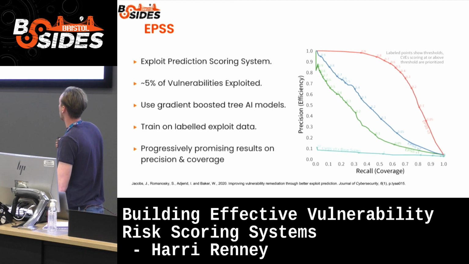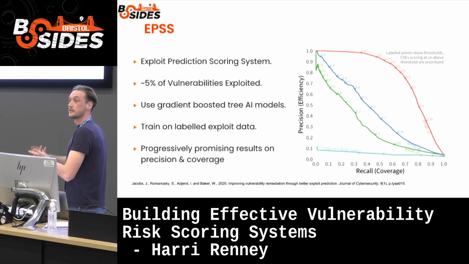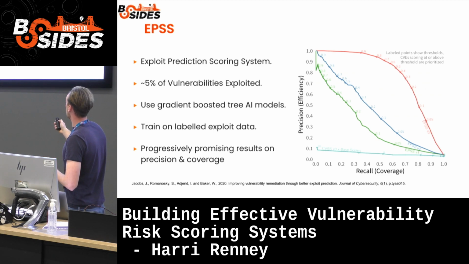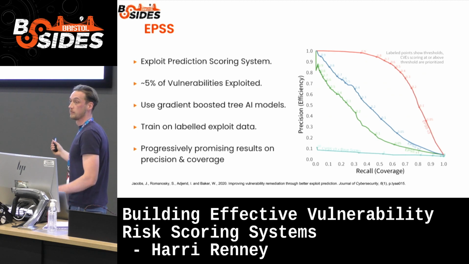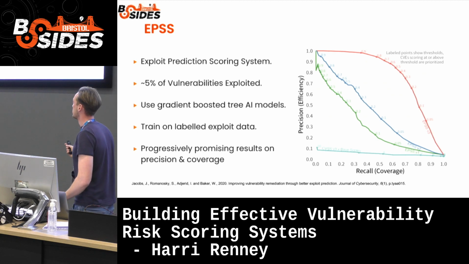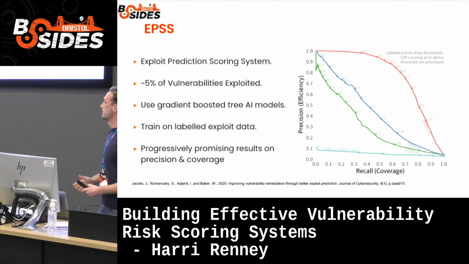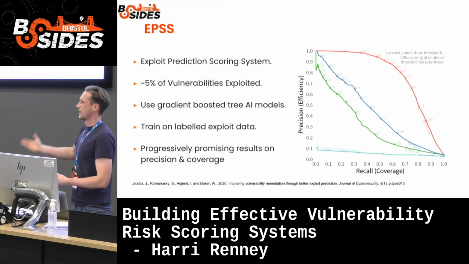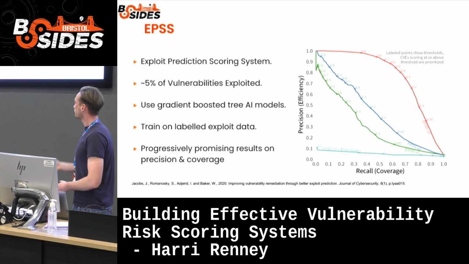This is an ROC graph. I'm not going to explain exactly what that means, but top right is better. It means more true positives but fewer false positives. You can see that, especially for EPSS version 3, which came out, I think, this year or early last year, there's a really good improvement in the accuracy of that model, capturing true positives and not bringing back a load of false positives either.